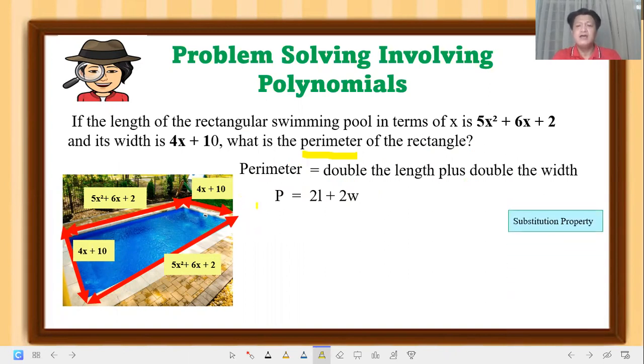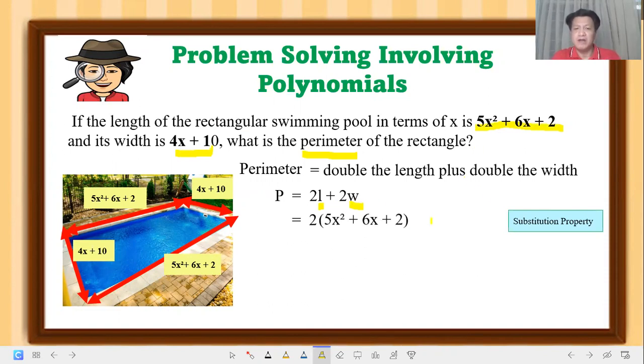Now, let us apply the substitution property. What is substitution? We replace the given length and width in our given formula. First, copy the 2 because it is part of the formula. We only replace the length.